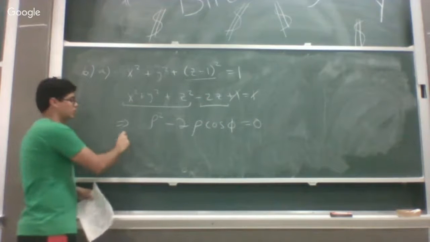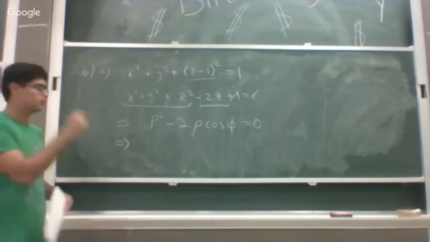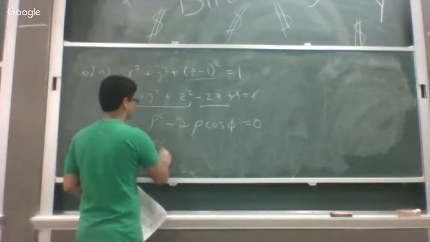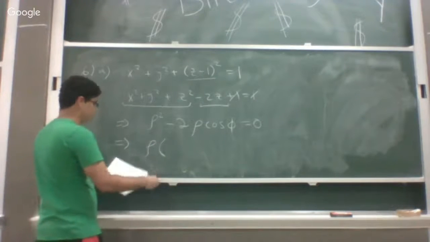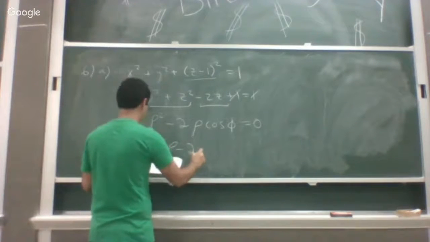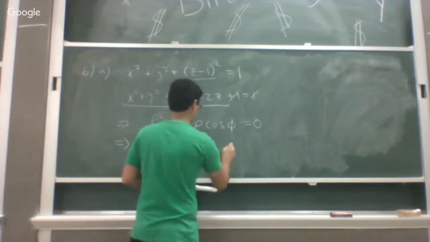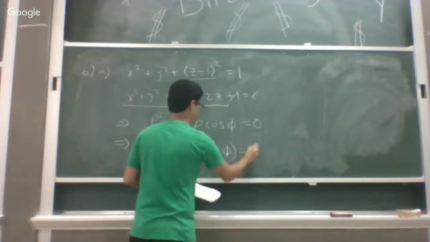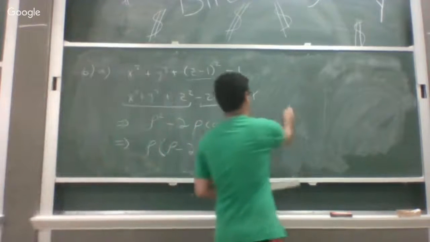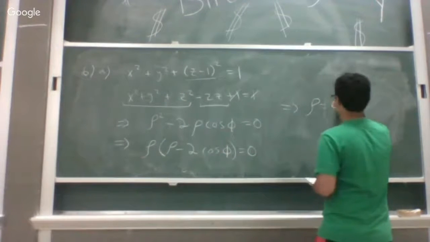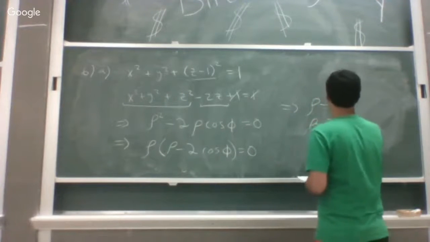Okay. So what do we do right now? Factor out rho. So it'd be rho times the quantity of rho minus 2 cosine of phi equal to 0. Okay. So this tells us two things. That rho is equal to 0 and that rho is equal to 2 cosine of phi.